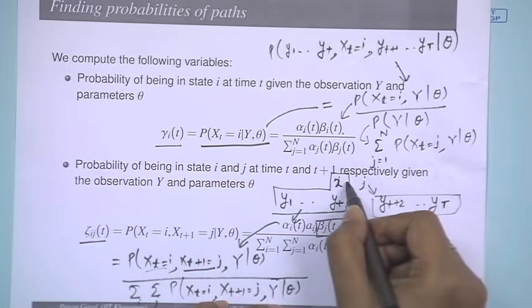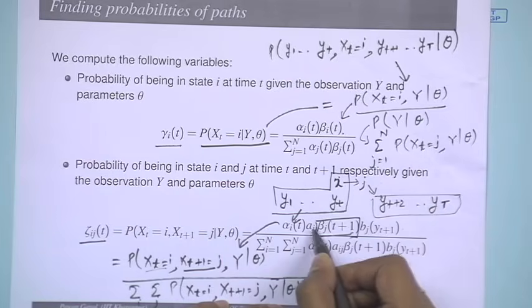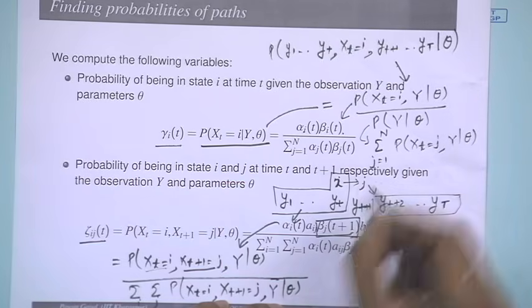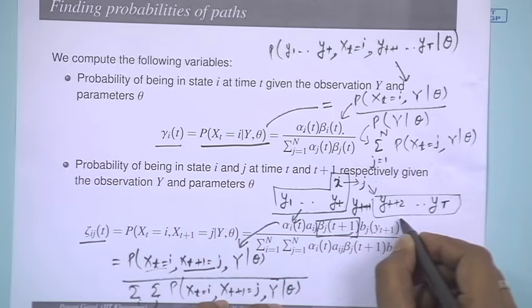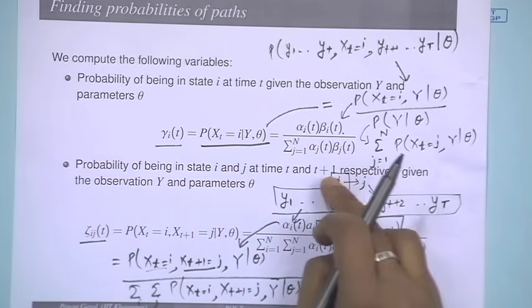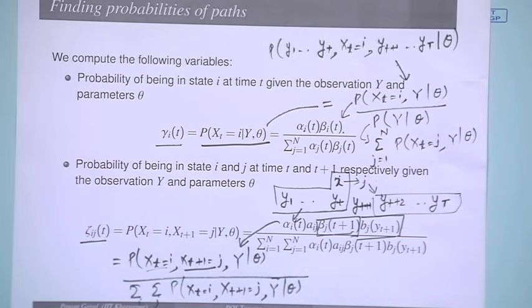Then you compute the probability of transition from i to j, that is a_ij, and y_{t+1} given j, that is your b_j(y_{t+1}). So this equation is nothing but the probability of x_t equal to i, x_{t+1} equal to j, y given theta. This whole sequence is there, and these two states are also there. Similarly, you can see for the denominator; this is over all the possible values of i and j.